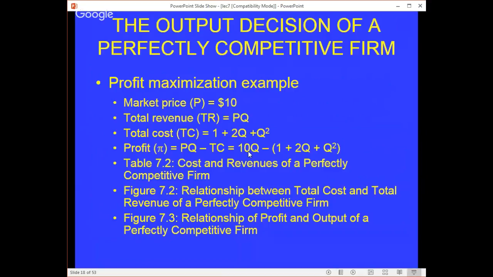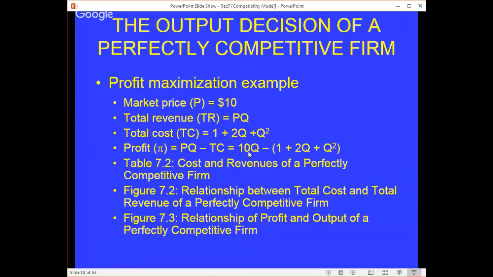Close. How do we maximize the function? Actually, it's going to be that marginal revenue equals marginal cost in this case.